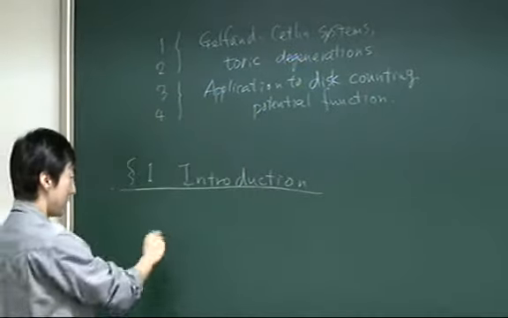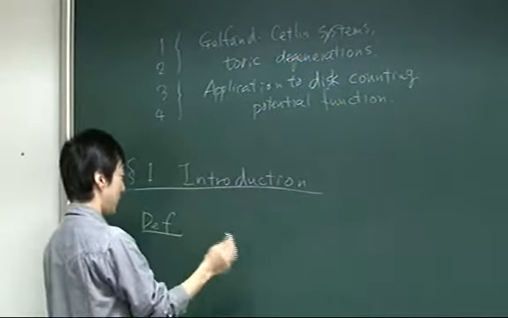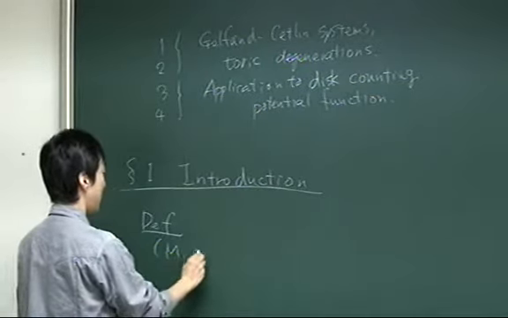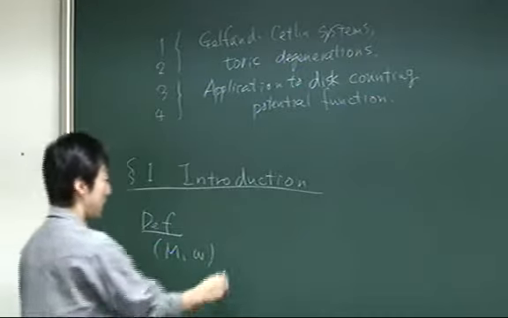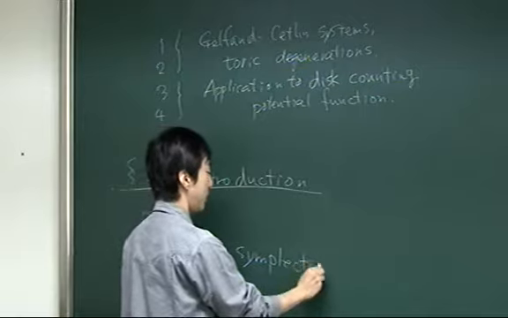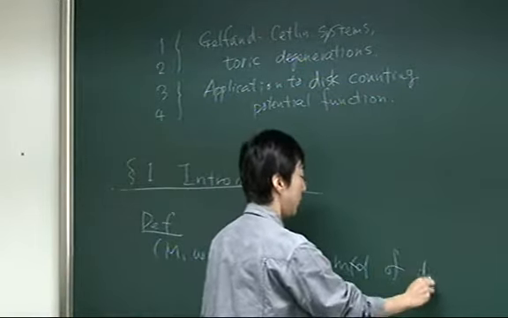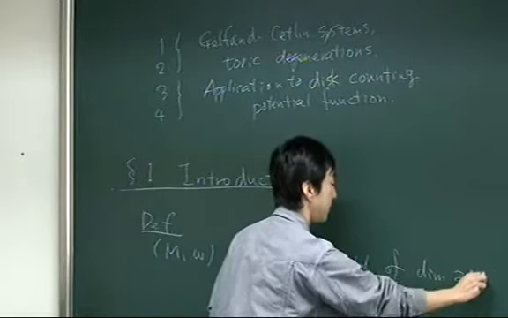So we start with the definition of a completely integrable system. Let (M, omega) be a symplectic manifold of real dimension 2n.